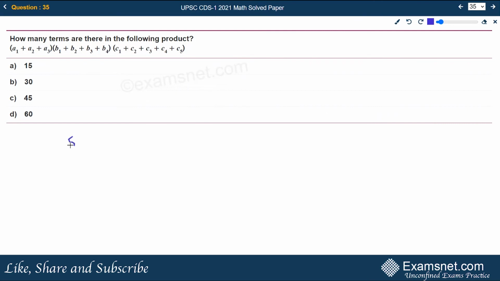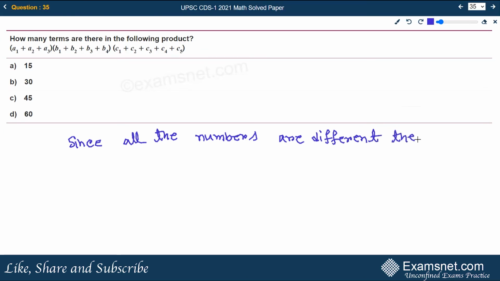Since all the numbers are different, the total number of terms: first one has 3, next one has 4, third one has 5. So we will multiply them. It will give us 60.